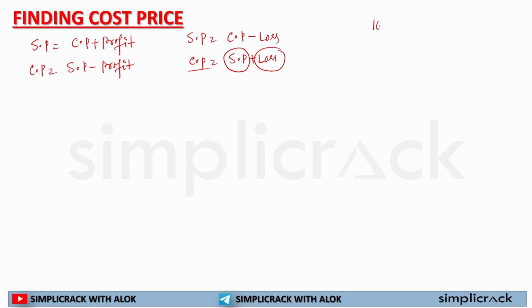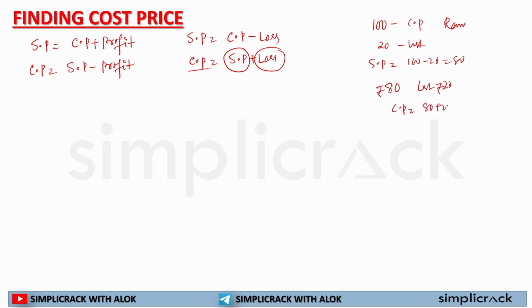In that case, 100 was the cost price for Ram, right? And he lost 20 rupees. What was the sales price? 100 minus 20, that was 80. If I had said Ram sold the article at 80 rupees and he lost 20 rupees, what was the cost price of Ram?